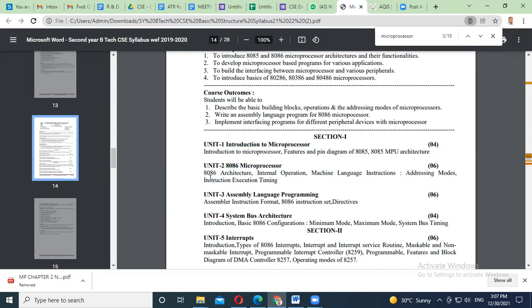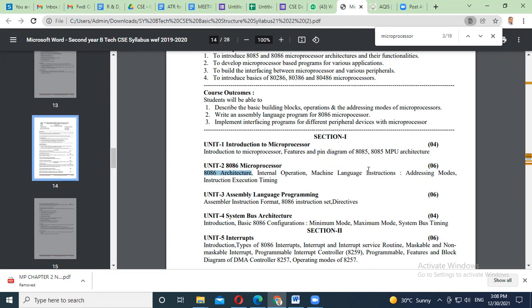In the second unit, we have to study the entire introduction of 8086. In the first unit we studied the 8085; in the second unit we study the 8086 architecture and its internal operation, and machine level language instructions.